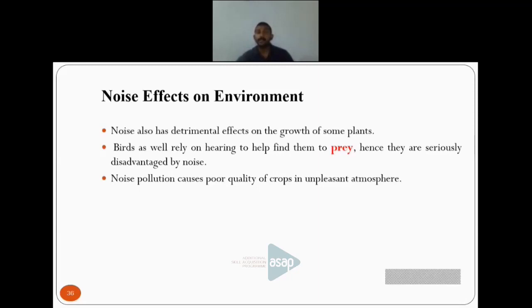And next is the birds. Birds use hearing while searching for food, and some birds find other birds by their sounds. But if the noise is higher, they are not able to find the prey. As already said, the crop yield will also be reduced.